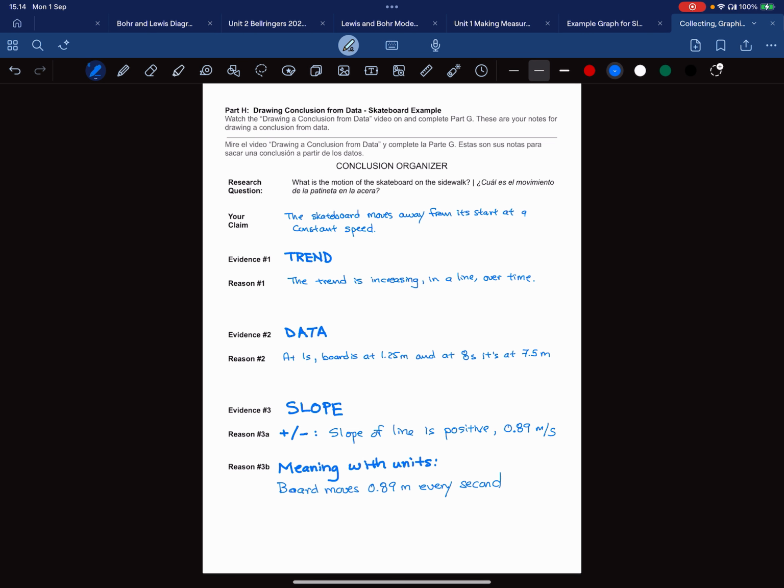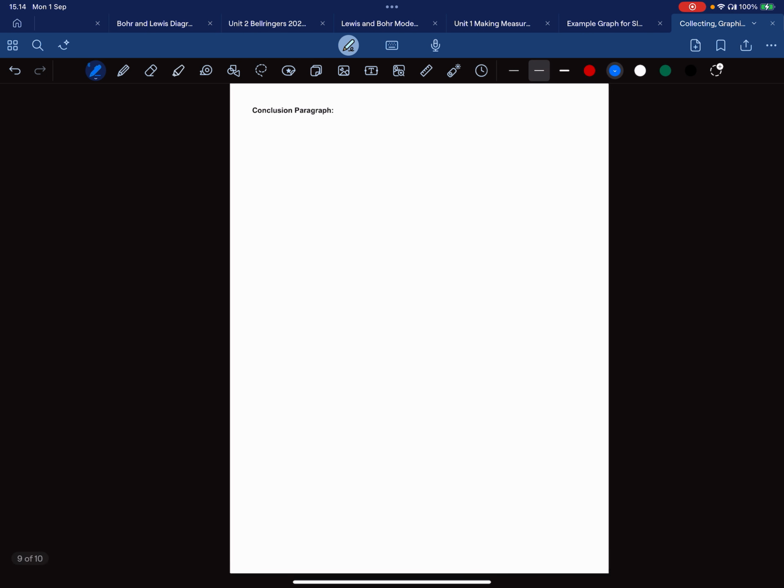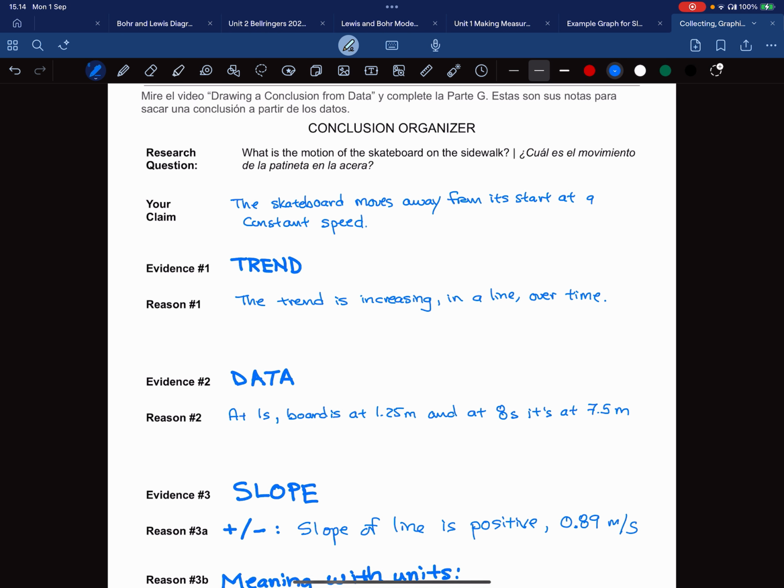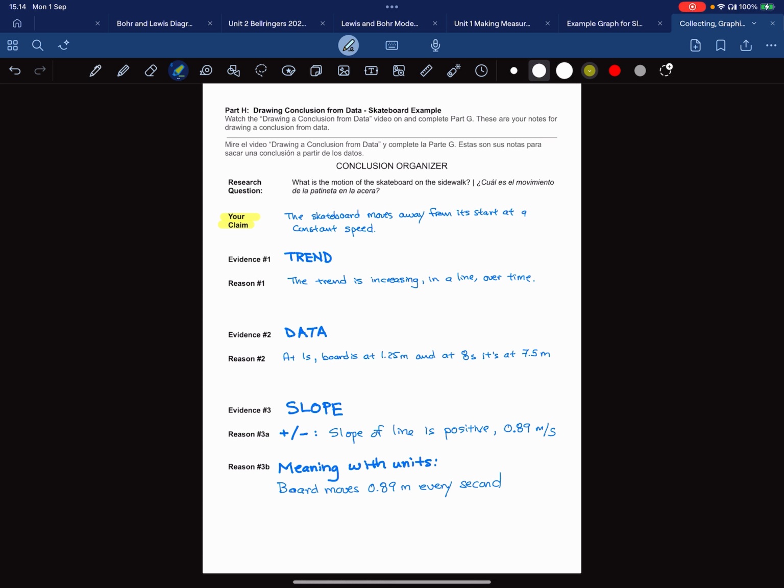All right, so what we're going to do now is we're going to turn that into a little paragraph, okay? And I'm going to color code it. The first part of your paragraph is always going to be your claim, right? And that's going to be yellow for me. So what is my claim?